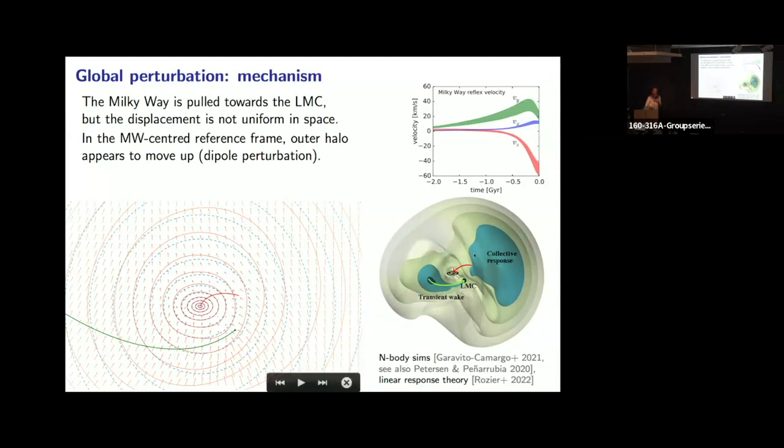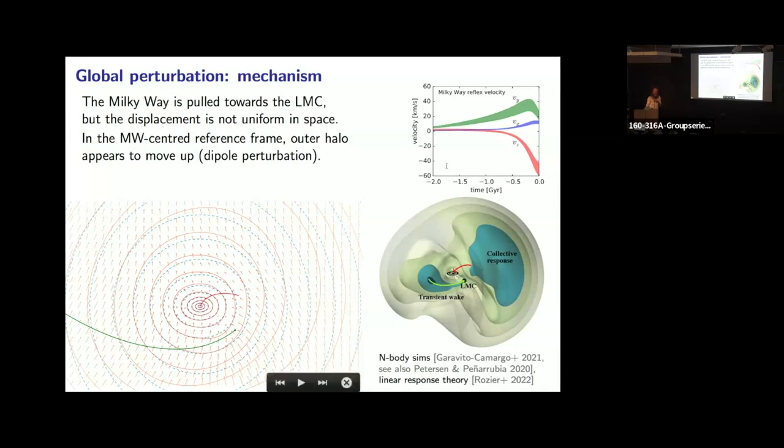And this same picture, like the brain tomography that Ekta was showing from Nico's simulations, illustrates these two aspects of this distortion. So there is a local wake from dynamical friction, which trails the LMC on its orbit. And that's a kind of classical effect. But a much less obvious effect is the global distortion, which has this dipole type of perturbation.